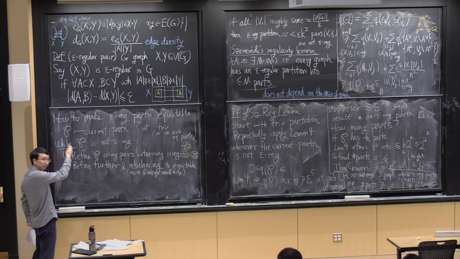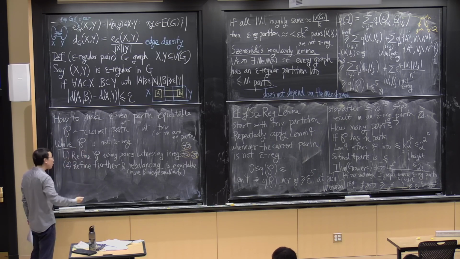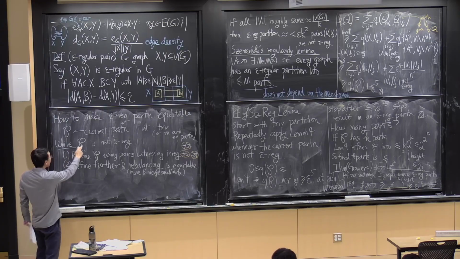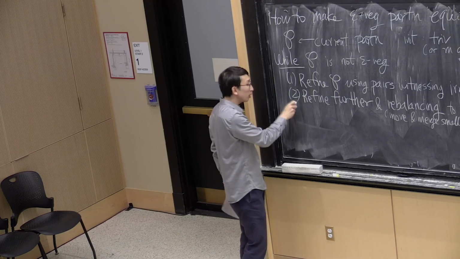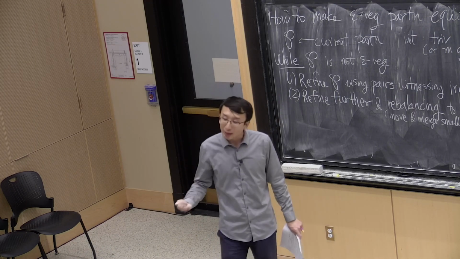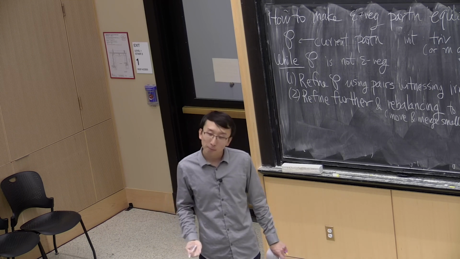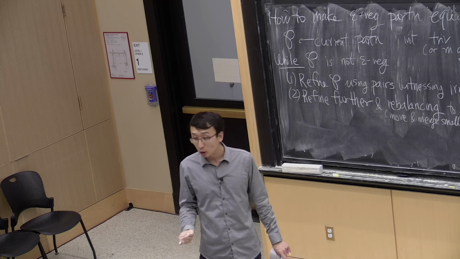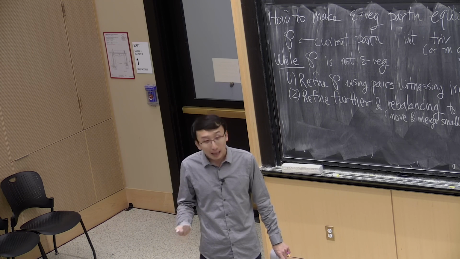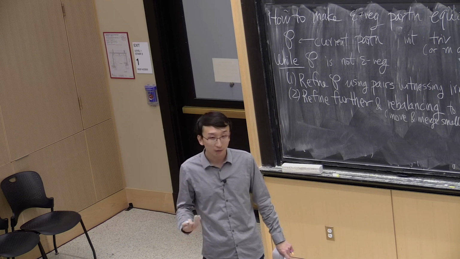Okay, so you run this loop until you find that your partition is epsilon regular, then you're done. Whenever you run this loop, because we're doing the second step, your partition is always going to be equitable. But we now need to control the energy, again, to limit the number of steps.